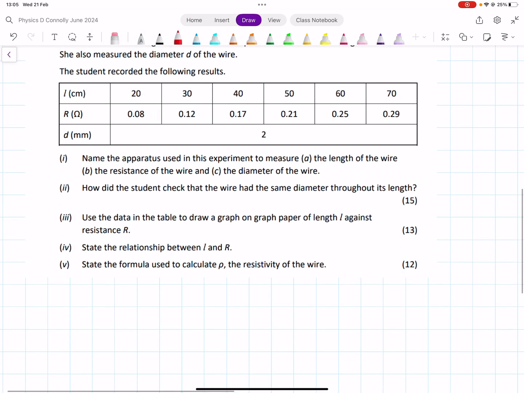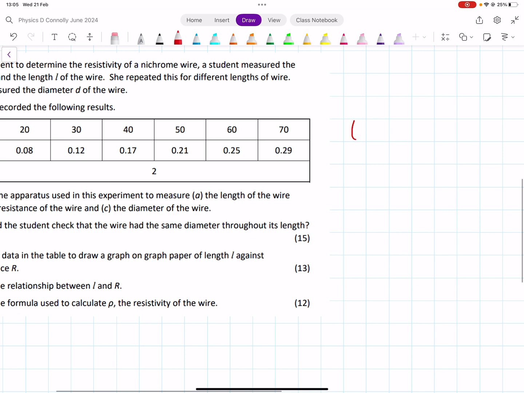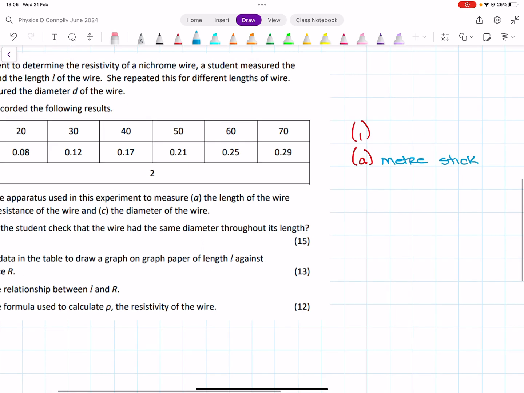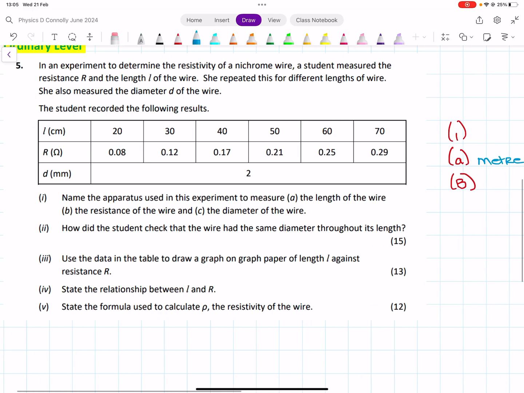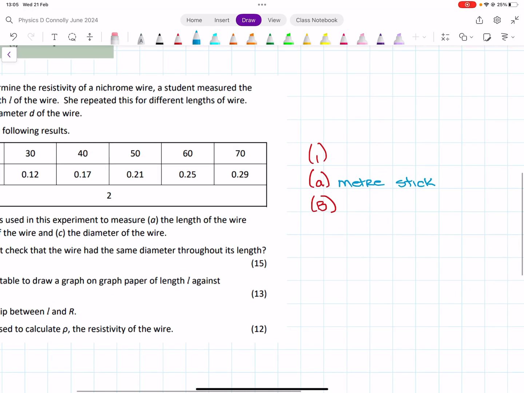Name the apparatus used in this experiment to measure the length of the wire: that would be a meter stick. B, the resistance of the wire would be an ohm meter.